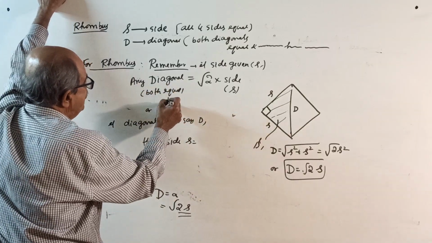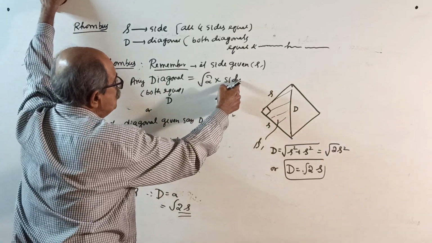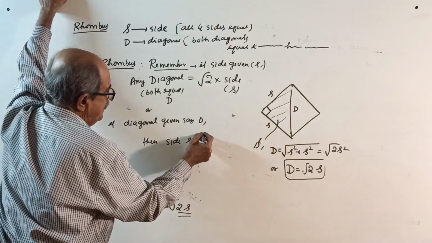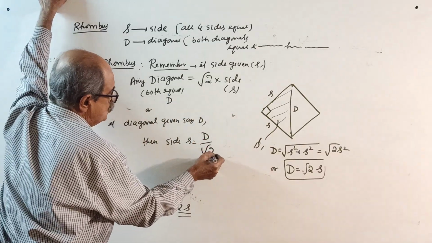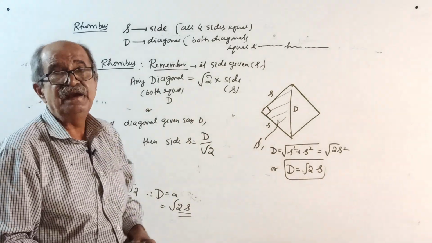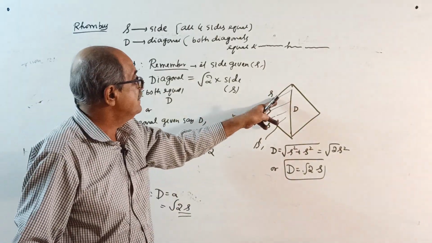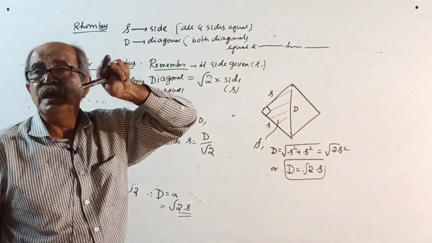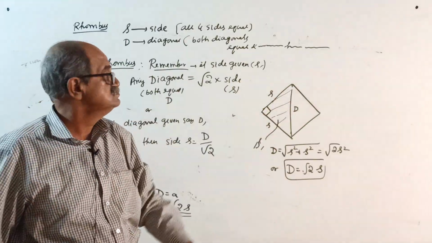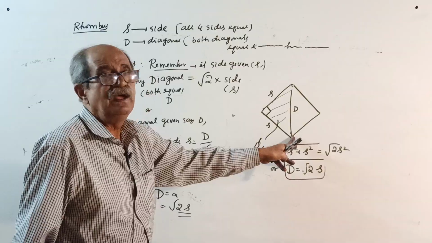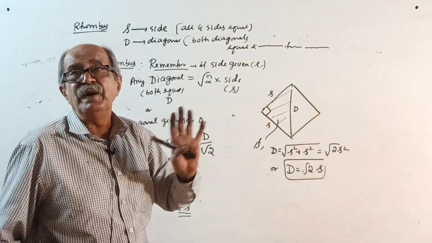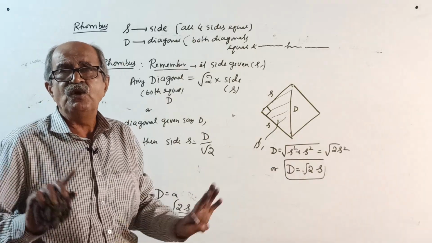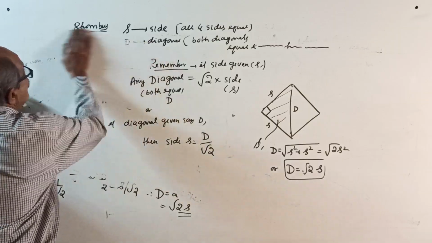D equals root 2 times side, or if they give the diagonal, the side equals D divided by root 2. Why? Side is less than diagonal. So side is lesser, diagonal is more. So if side is given, multiply by root 2, it will become more. You get it. Or if diagonal is given and you want side, divide by root 2. That's all. From now onwards, I will not talk about this one. Okay, this is for rhombus.